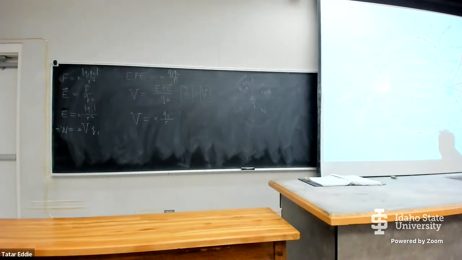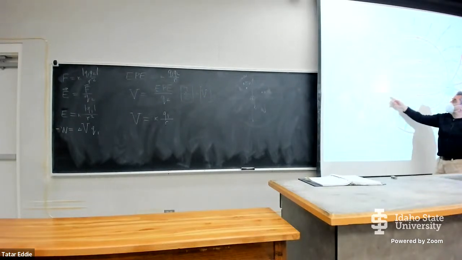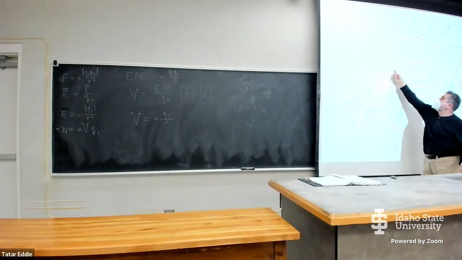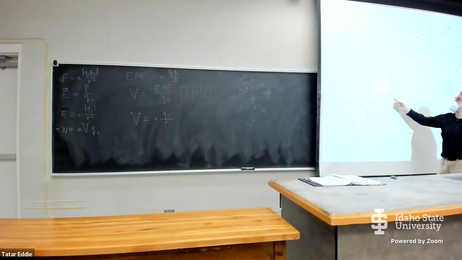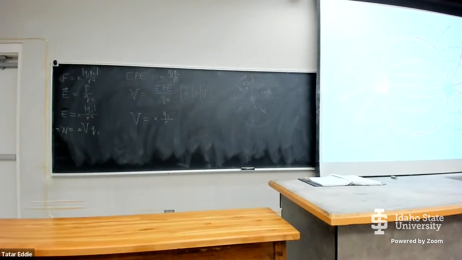So maybe this almost spherical, but not exactly spherical surface could be plus 5 volts. This one may be plus 1 volt, plus half volt. This surface may be -5, -2, and so on.